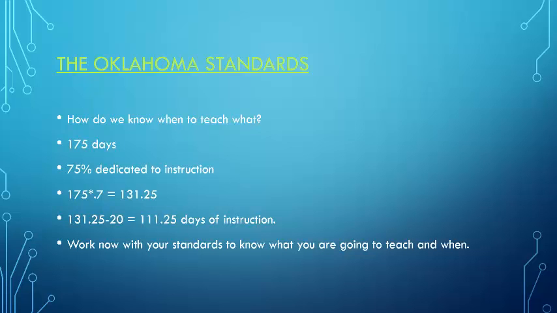I'm going to give you an example in just a second by looking at the U.S. history standards and the beginning of a curriculum document for U.S. history. So you have about, again, 112 to 115 days. If you had 9 big standards you wanted to cover, how are you going to divide them up into that 112 days? That's a great question.